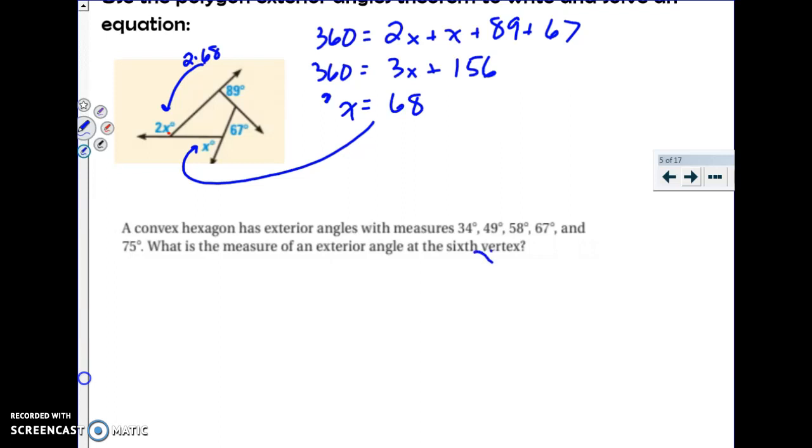So we'll label that one x, and we're just going to take all these numbers. So I got 1, 2, 3, 4, 5 angles plus the 6th one because it's a hexagon, and set that equal to 360 because all exterior angles are going to add up to 360, and then you're just going to solve for x.